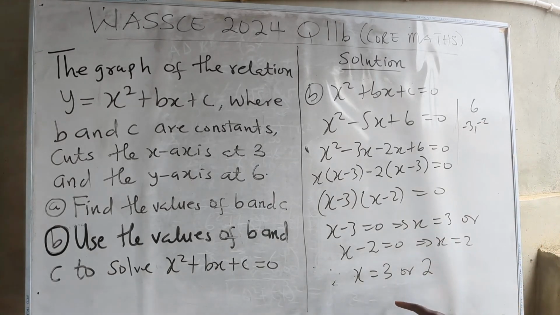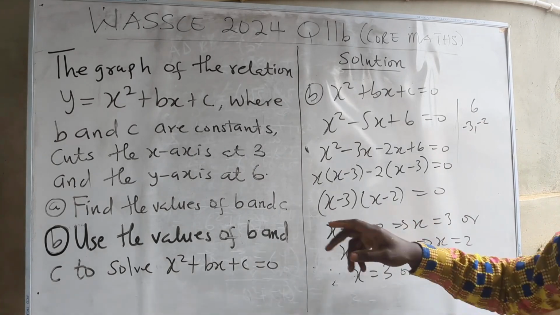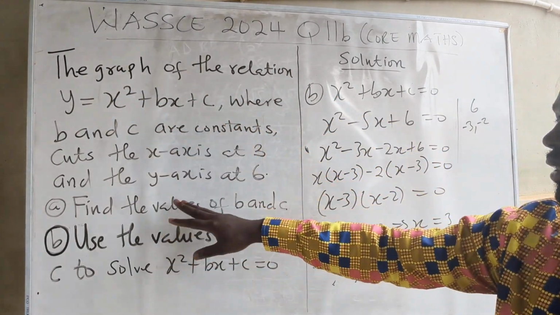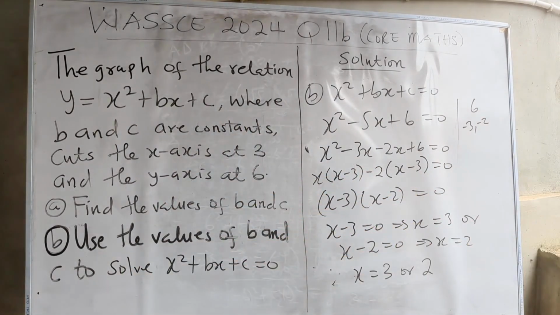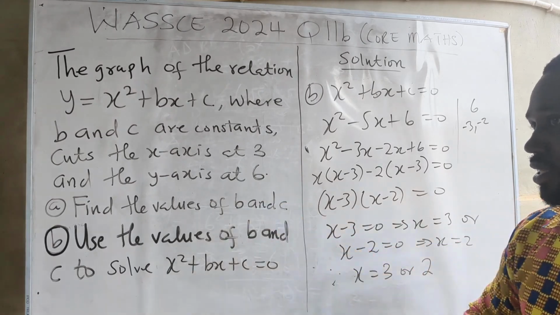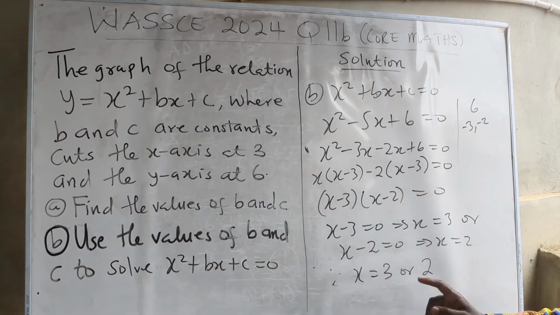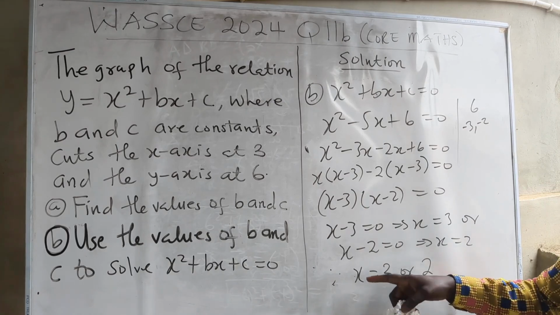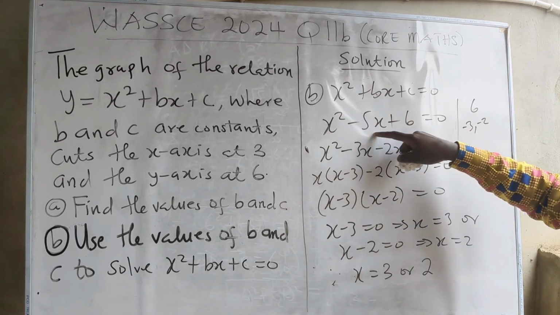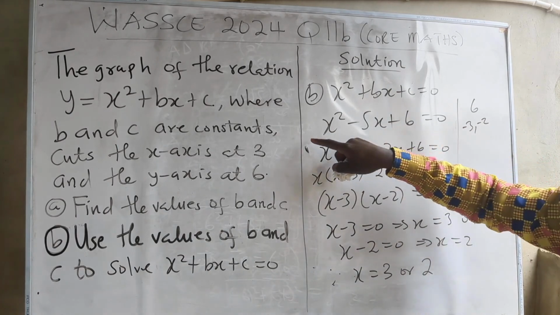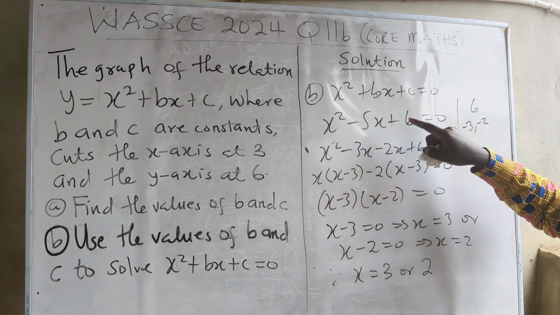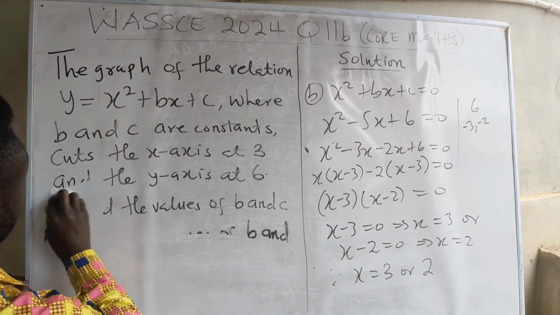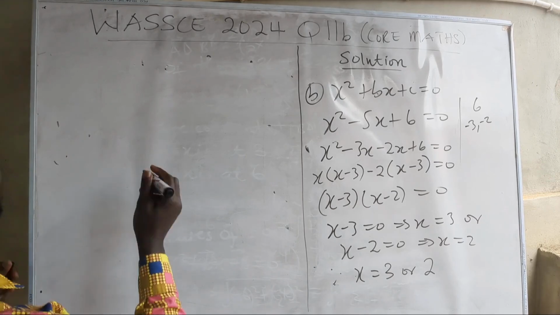Alright. So realize that at the beginning, I was telling you that when you draw the graph of this relation, looking at the nature of the question, or how it cuts the s-axis at 3 and the y-axis at 6, what that means is that these are different roots, not equal roots. So if I draw the graph for this particular quadratic function, s squared minus 5s plus 6, this is how it is going to be.